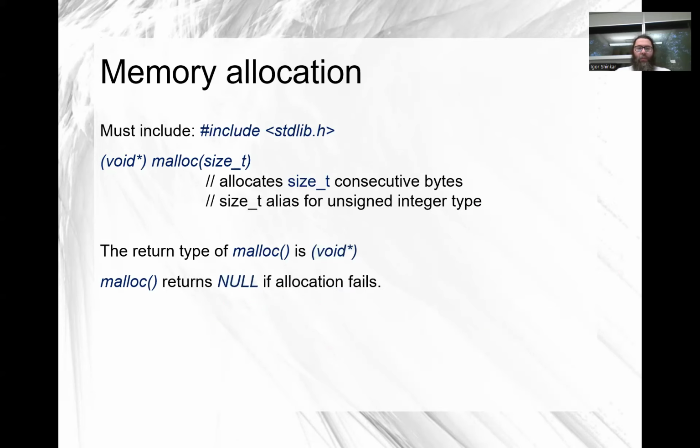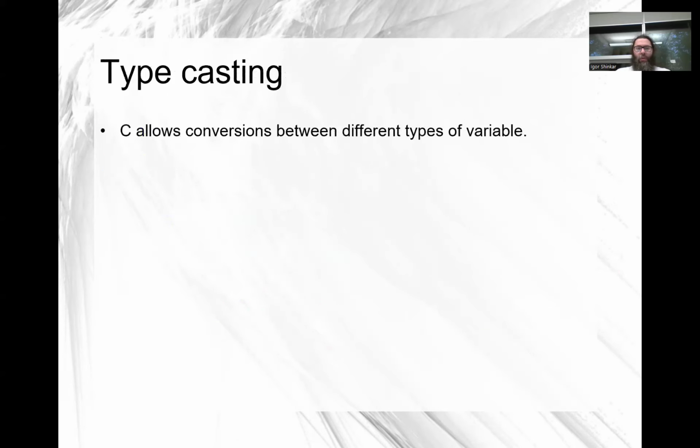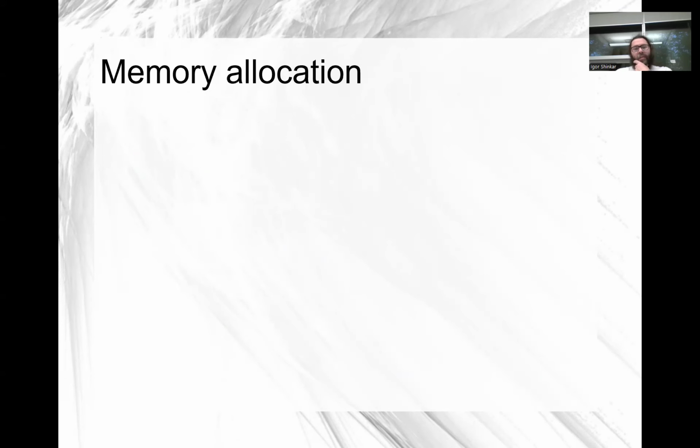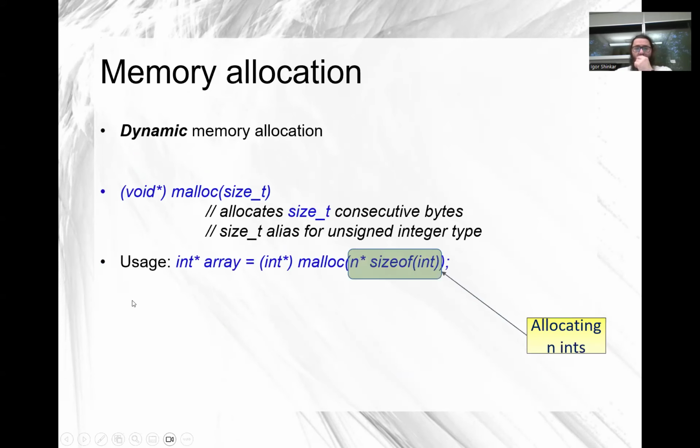So we said the way we do it is we use this function malloc. And malloc receives as an argument a number, and this number represents the number of bytes we need for our array. And what's the number of bytes?